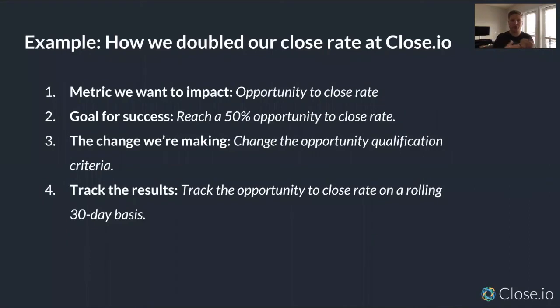We didn't know who the decision maker was. We didn't know the actual full process for it. So we really need to make that more stringent on what an opportunity means, and then police that going forward. And for the tracking part of it, I wanted to track the close rate on a rolling 30-day basis.